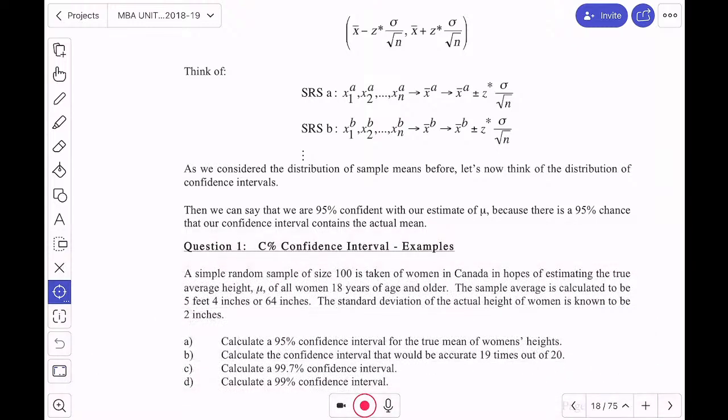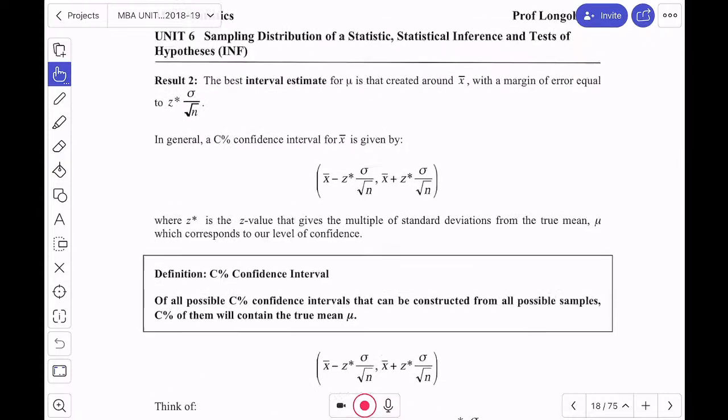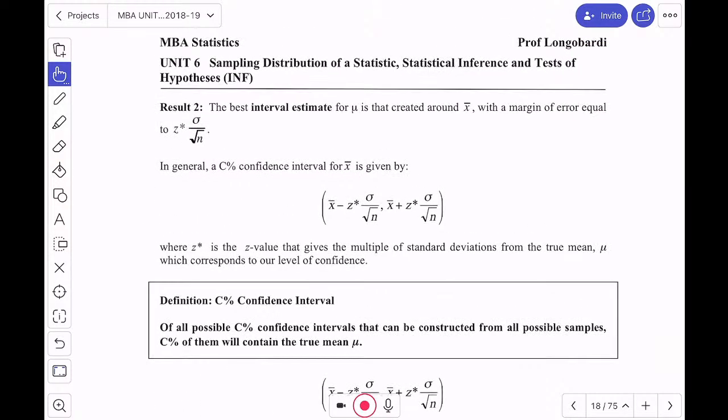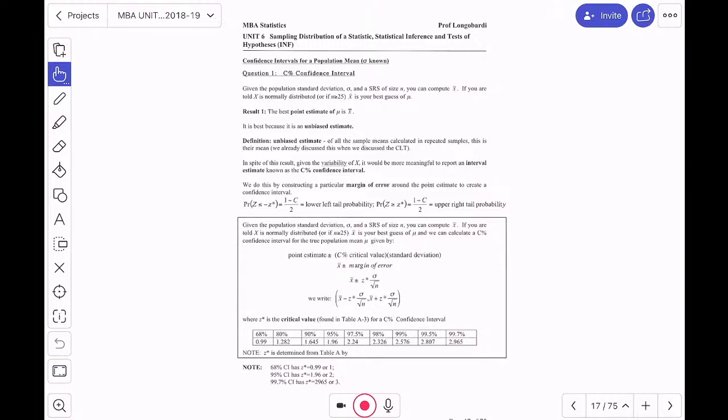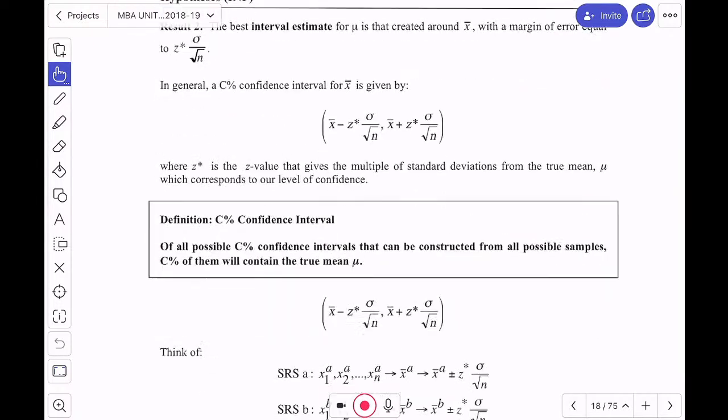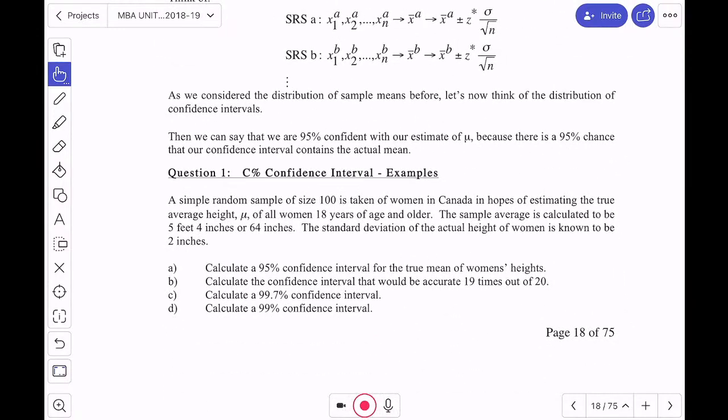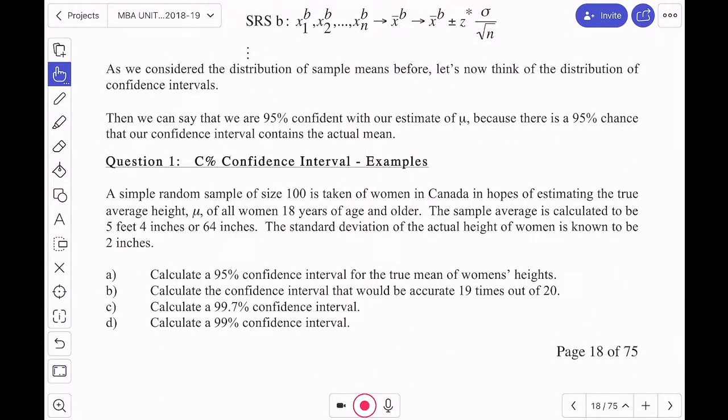All right, I want to start here. This is page 18. Confidence intervals. So what we're dealing with here is making a best estimate of a mean, as opposed to before when we talked about the best estimate of a proportion.